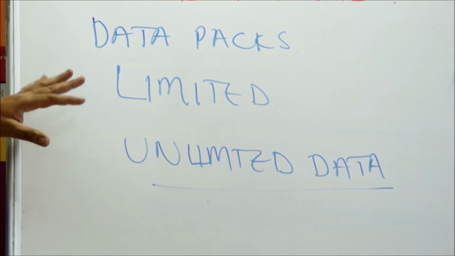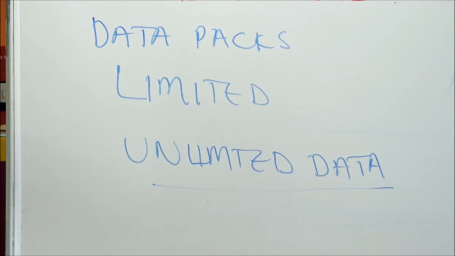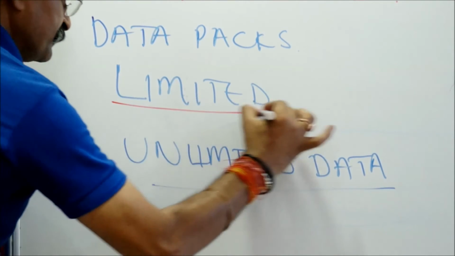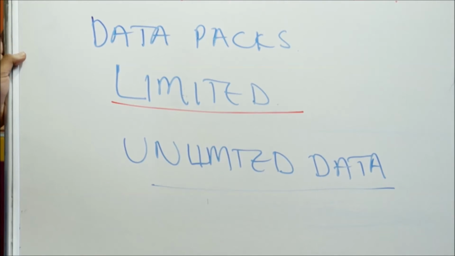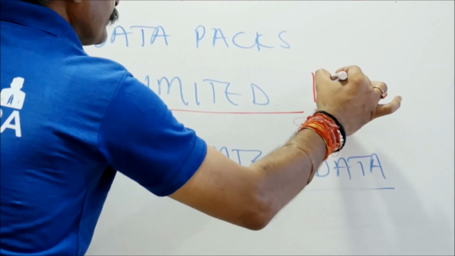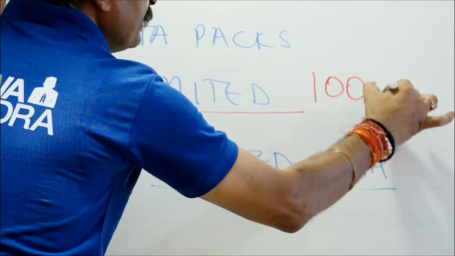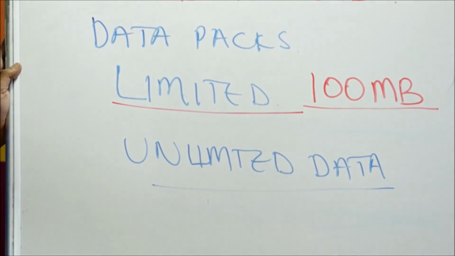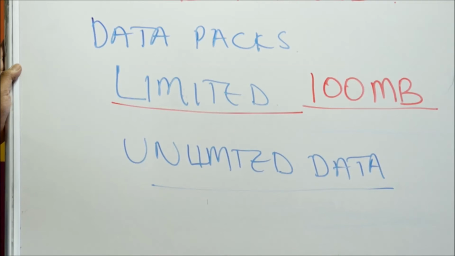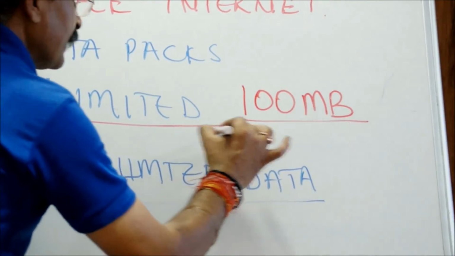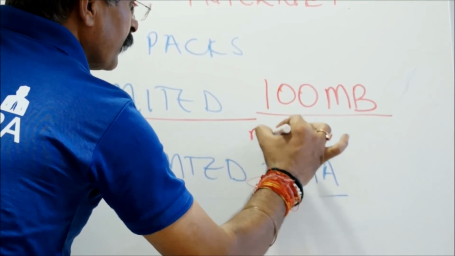The difference between the limited data packs and unlimited data packs is that on a limited data pack, whatever is the quantity which has been given, suppose, let's assume it is a 100 MB pack you have taken. After 100 MB of usage, your speed will not go down, but if you have the money in your main account, it will start using from the main account.